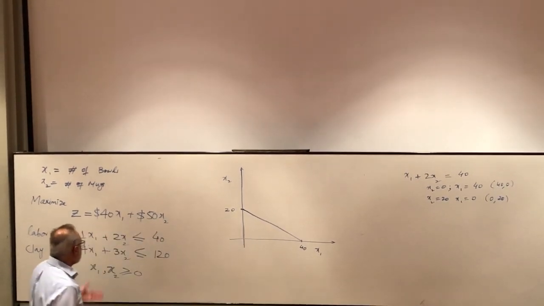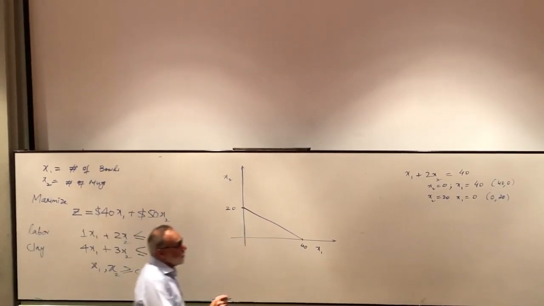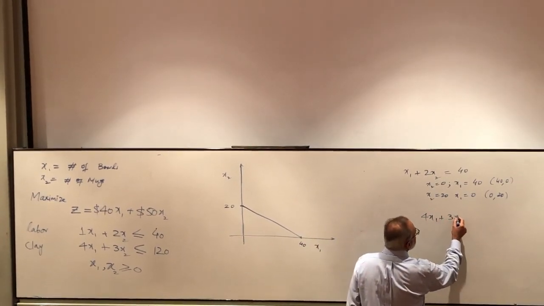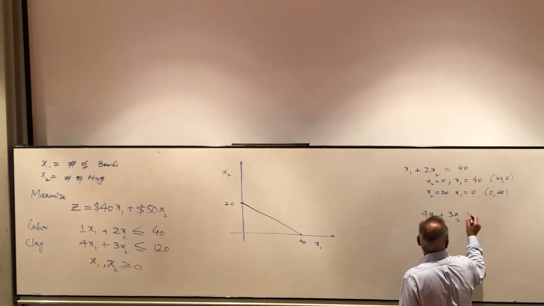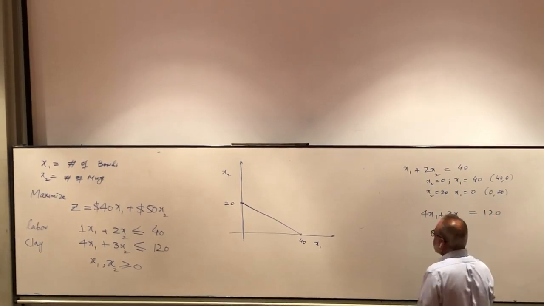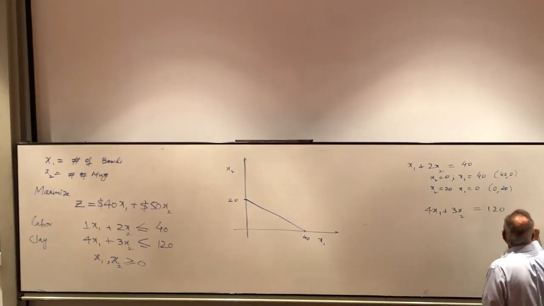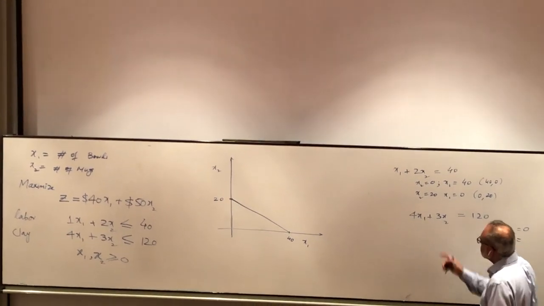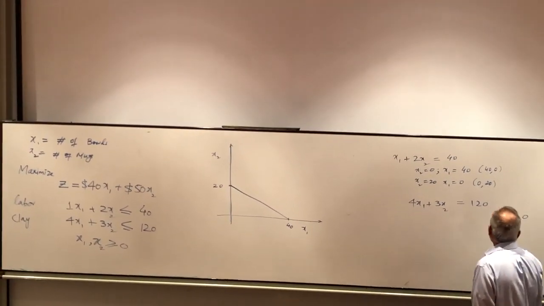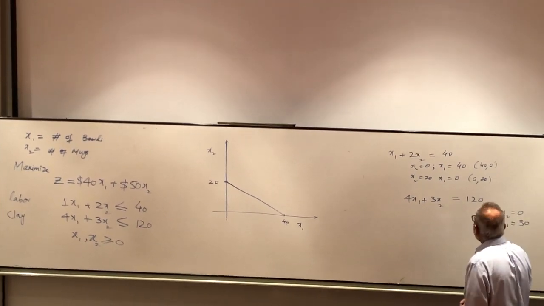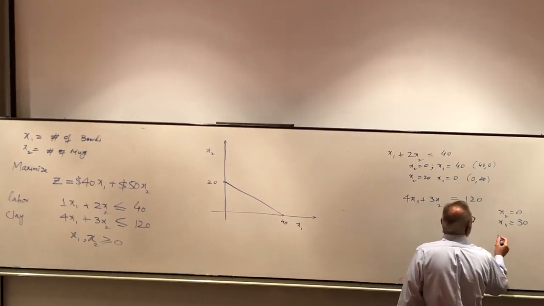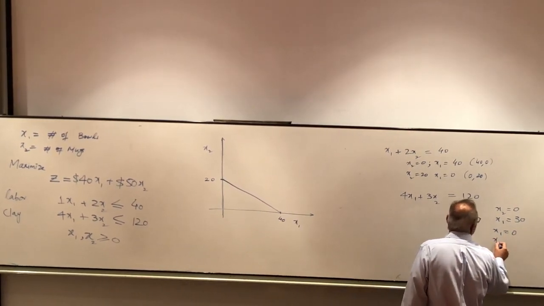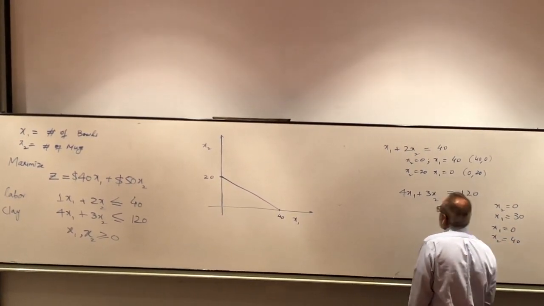And we draw the next one, 4x1 plus 3x2, make it equality again, equal to 120. Then if x2 is equal to 0, x1 will be equal to 30. And when x1 equals 0, x2 will be equal to 40.